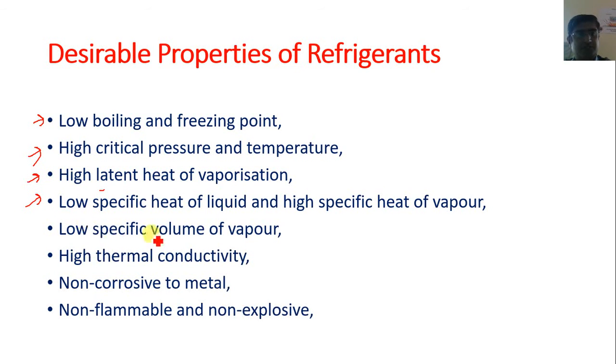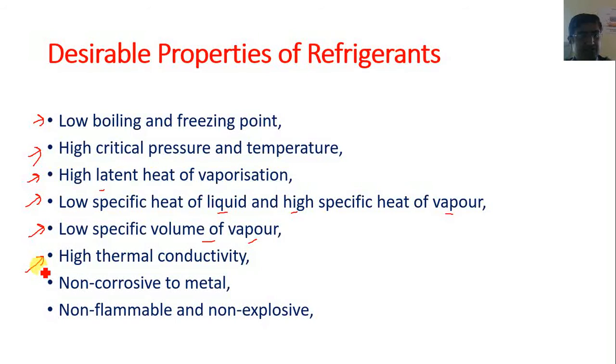And also the low specific heat of liquid as well as the high specific heat of vapor for the same refrigerant. So the refrigerant must have a low specific heat in its liquid phase and a high specific heat in its vapor phase. It also has a low specific volume of vapor, so we can reduce the size of the various components.